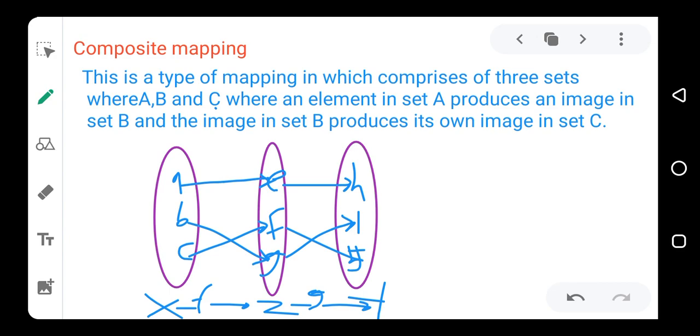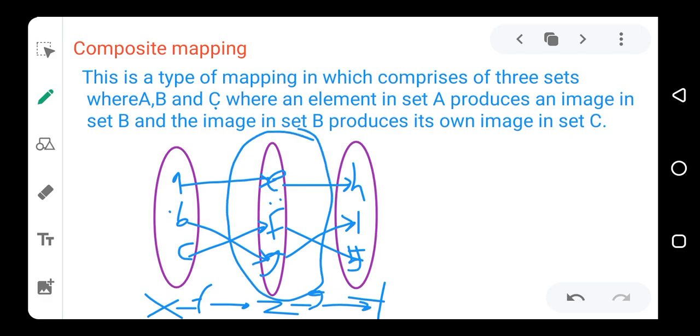Like this one we have here, this is A. The A in the domain will produce an image E, and then this image E produces an image H in another codomain. So this second one is an intermediary that transmits an image.